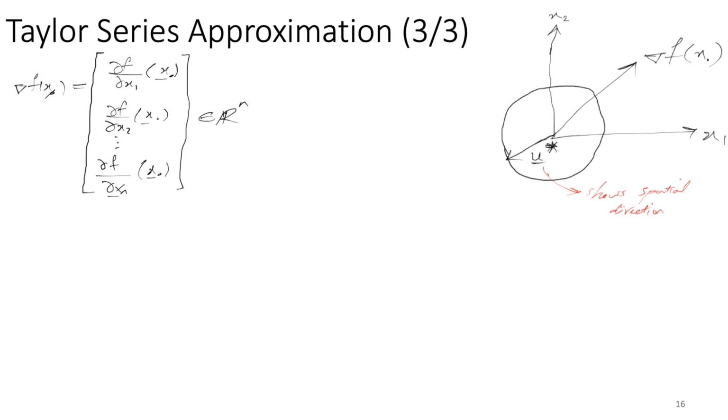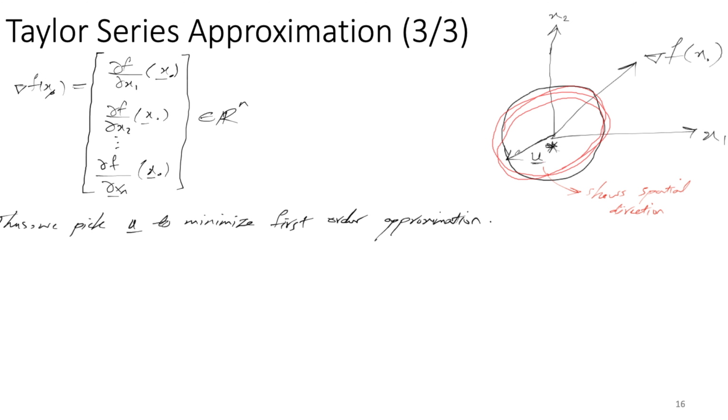So this u was the unit vector. As I mentioned, it shows the spatial direction, and it always has the same direction as our f. In this case, because we are defining it as minus, it's going to go the other way around. But this shows a spatial direction, and that's why I put this circle around it. So this spatial direction is shown by this unit vector.